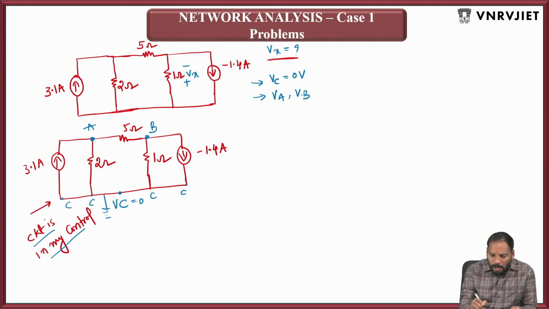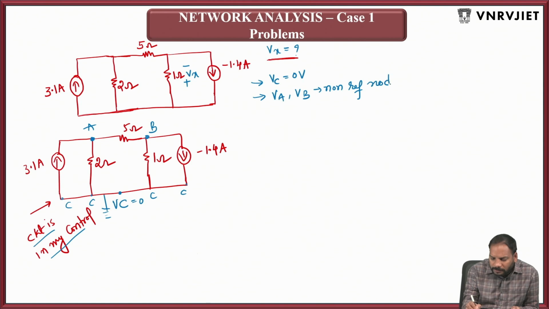Va comma Vb are non-reference nodes, right? So Vc equal to 0, and Va comma Vb are non-reference nodes. Now our calculation to calculate Va and Vb is using nodal analysis, right?